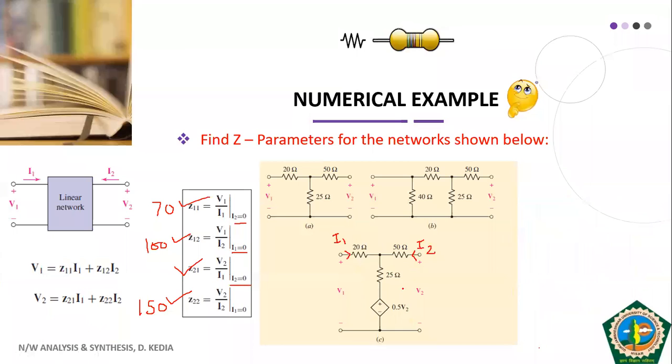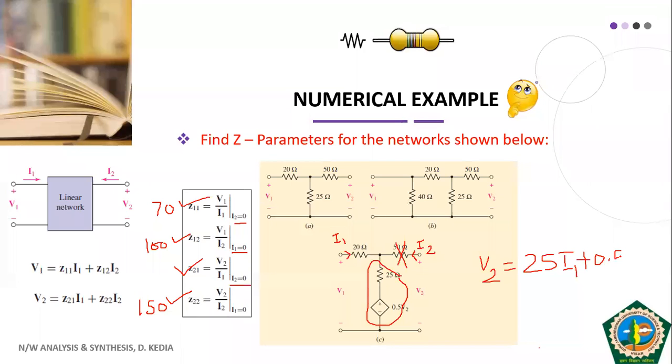For this, I2 equal to 0, means this arm is out of the picture. So we need the equation for V2. V2 will appear across this arm. So your V2 is equal to, the current through 25 ohm is I1, so 25 I1 plus 0.5 V2.